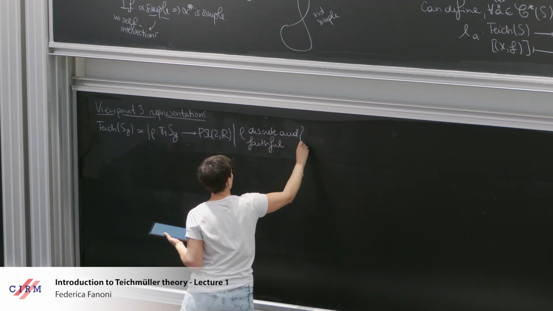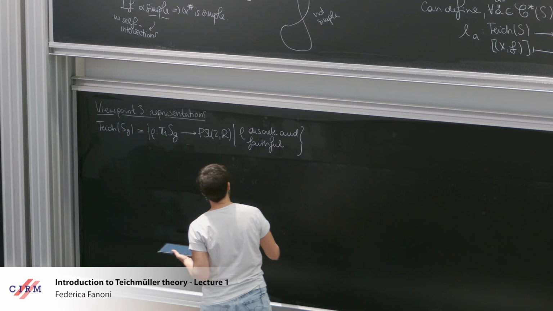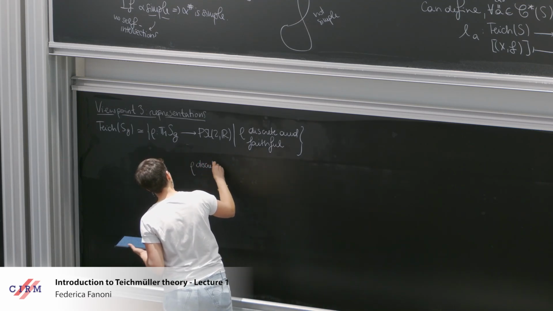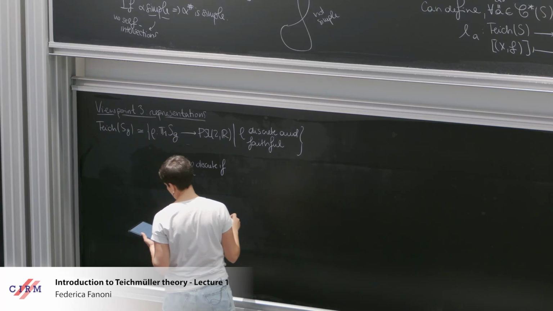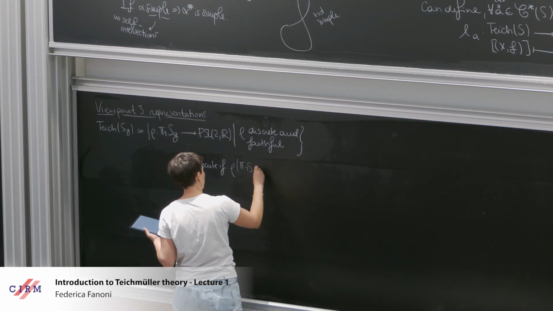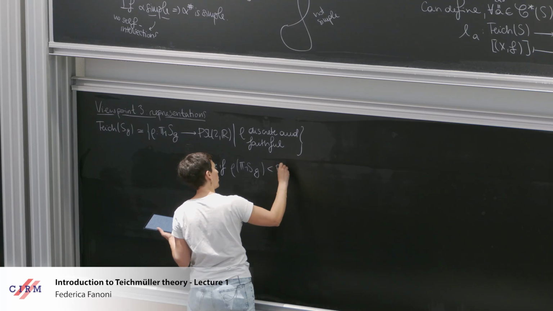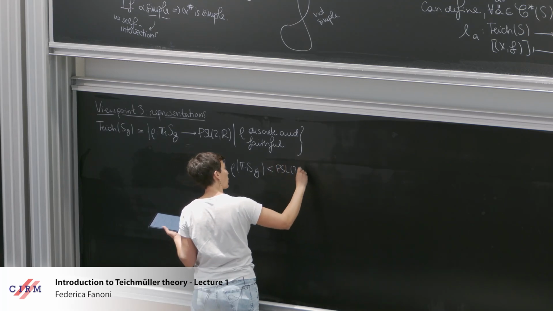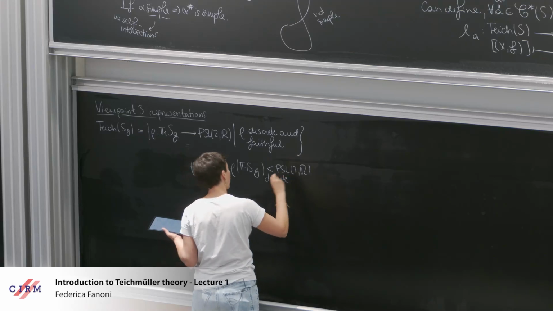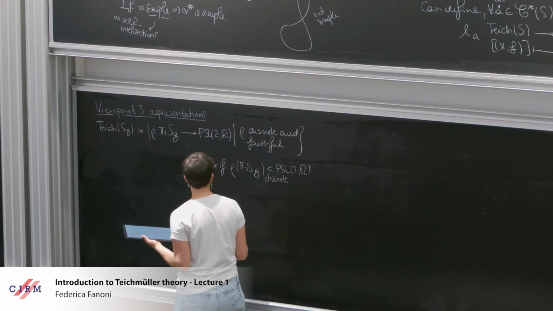And here, rho is discrete if, let me say, the image is a discrete subgroup here. And it's faithful if it's injective.